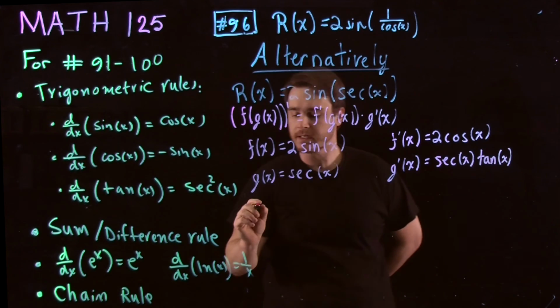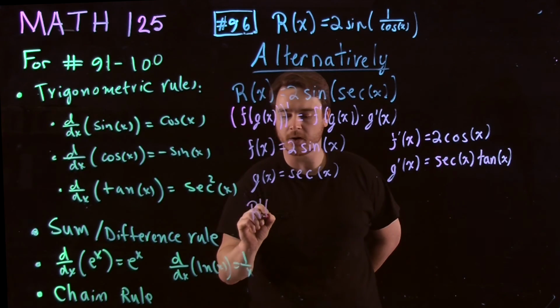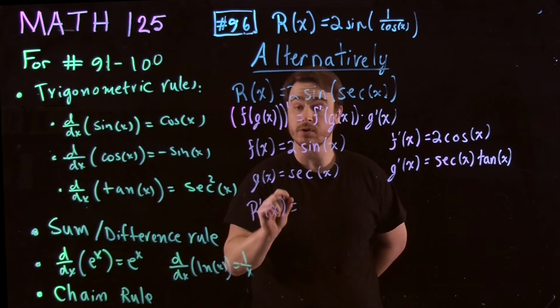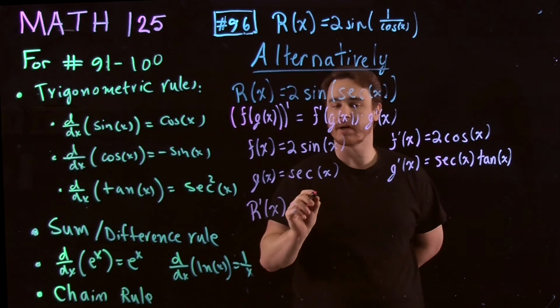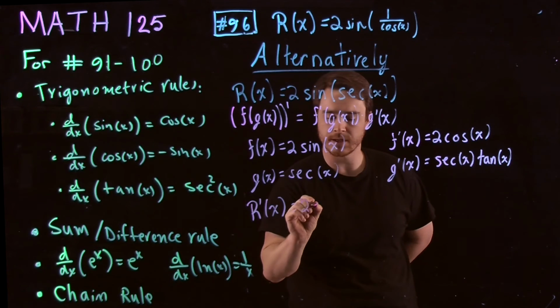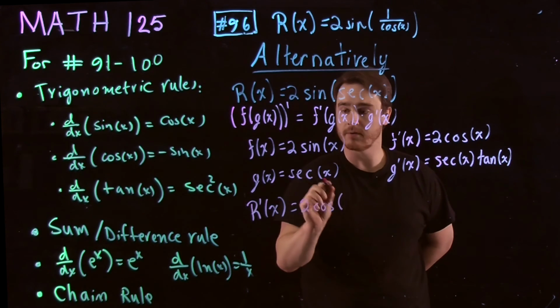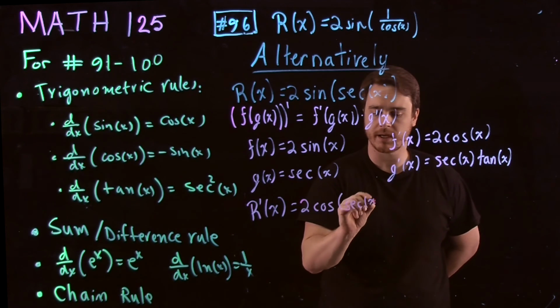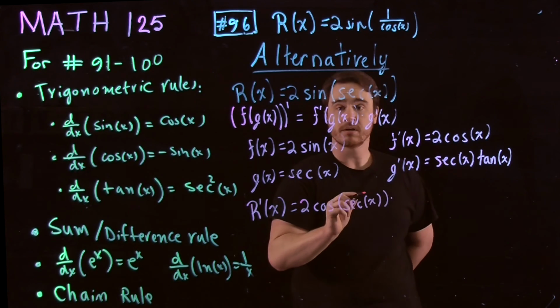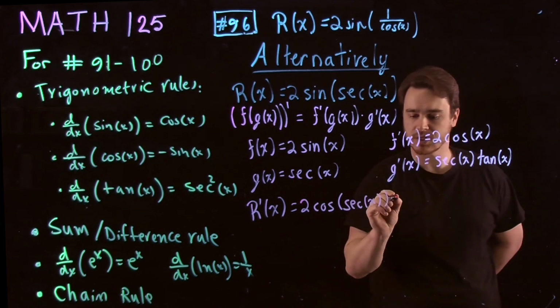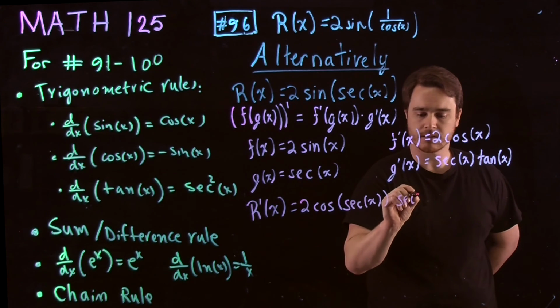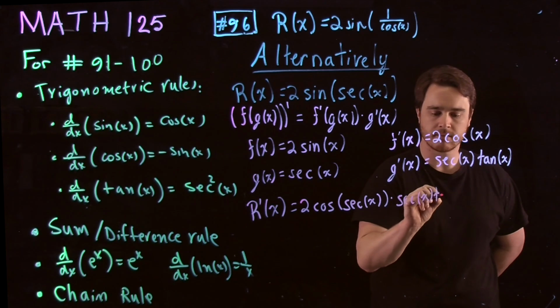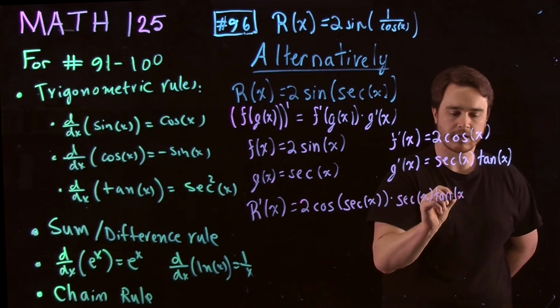Now, going back to r of x, I know now that r prime of x, using my chain rule, is going to be f prime, which is 2 cosine of g of x, which is secant x, times g prime of x, which is secant x tangent x.